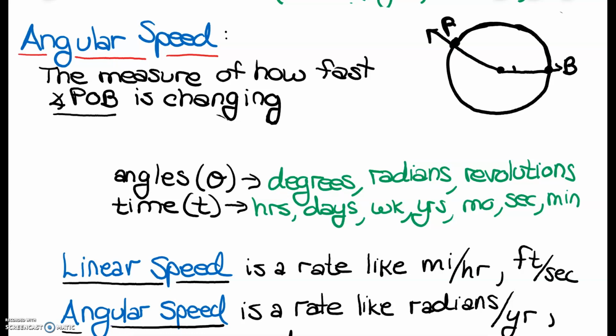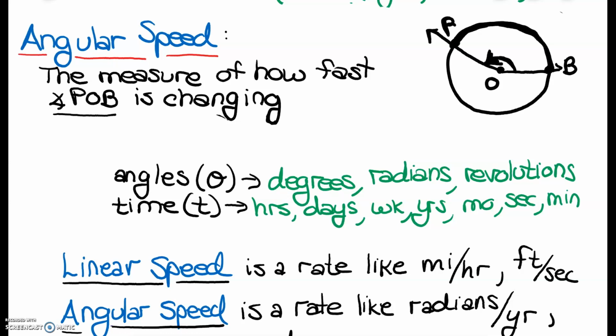Angular speed is how fast the angle POB is changing over time. How fast does that angle change over time? So as opposed to linear speed, which deals with arc length, the distance something travels, this is the angle it travels through given a certain amount of time.